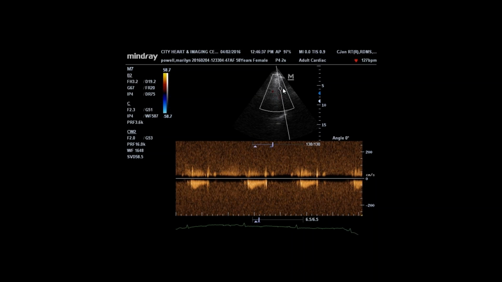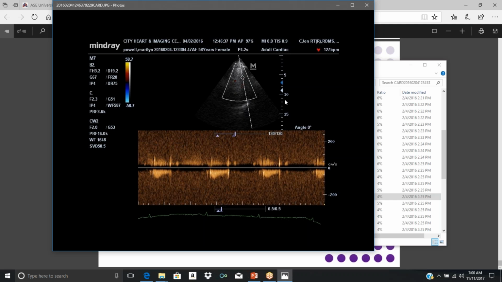So if it's flow towards the transducer, it's above the baseline. The only flow that can occur here towards the transducer is pulmonic insufficiency, pulmonary regurgitation. Remember, the normal flow is from the right ventricular outflow tract across the pulmonary valve into the pulmonary trunk.